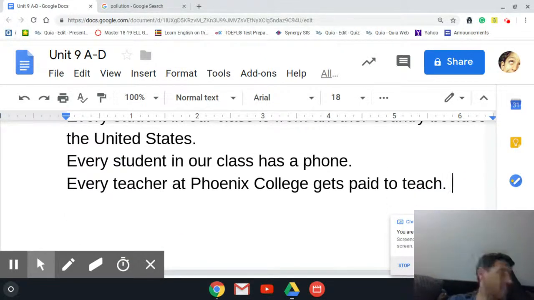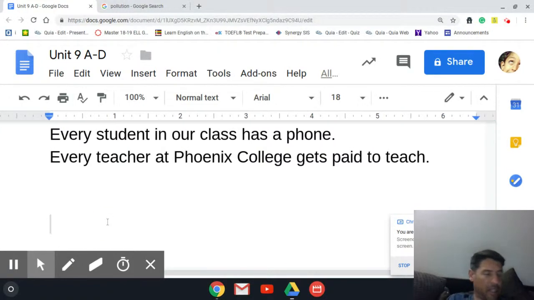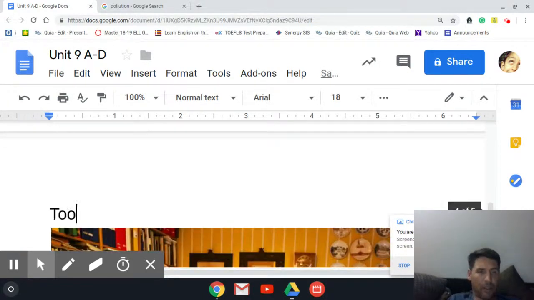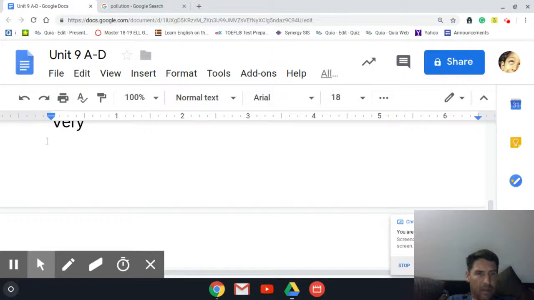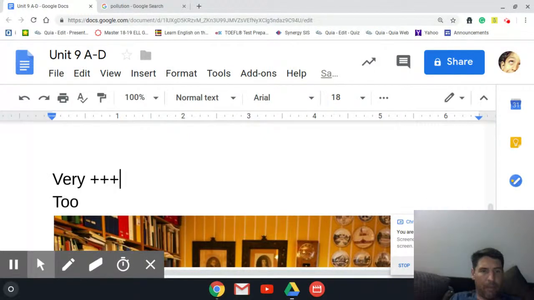Okay, 9c is the difference between very and too. So if you look in your book, 9c begins on page 249. Okay, so this is the difference between very and too.